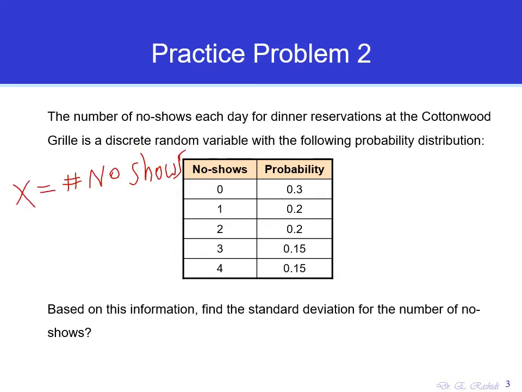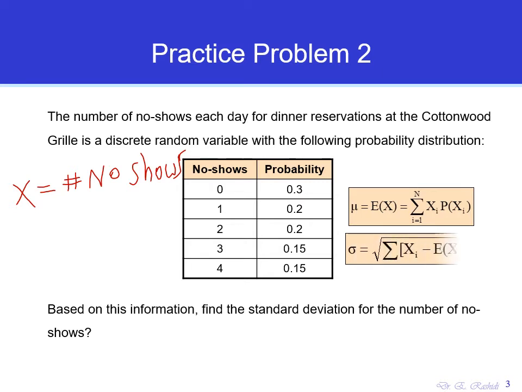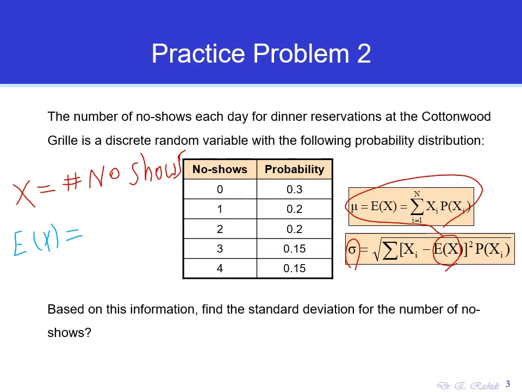Then to find the standard deviation, we actually need to find the expected value. If you look at the formula here, in the standard deviation computation we need to have the expected value, which is computed using this formula. So first we need to compute the expected value. The expected value is the multiplication of each output of the random variable by its probability.